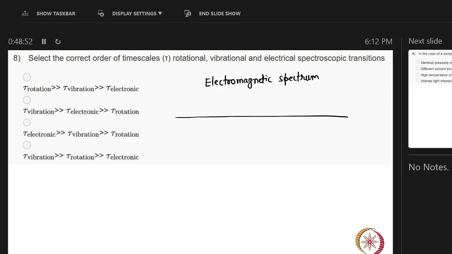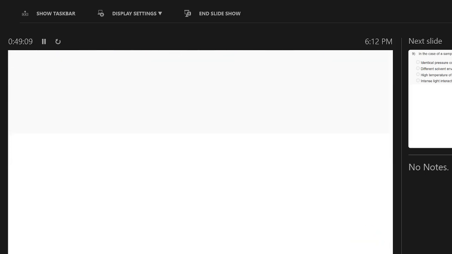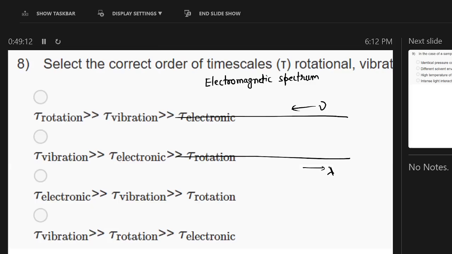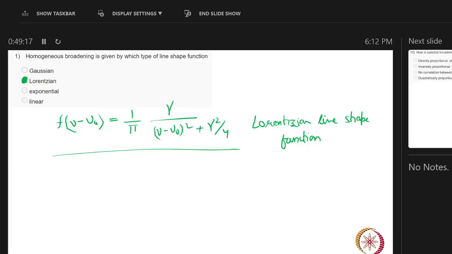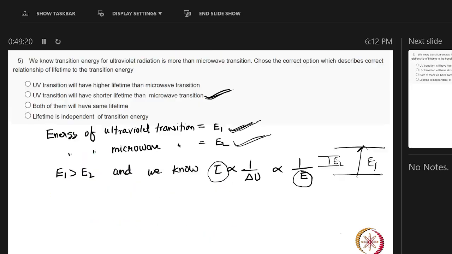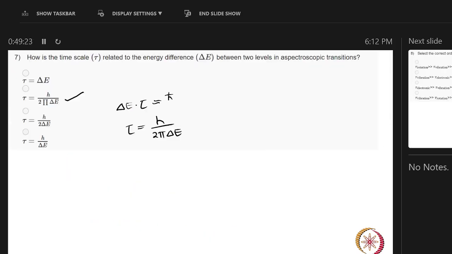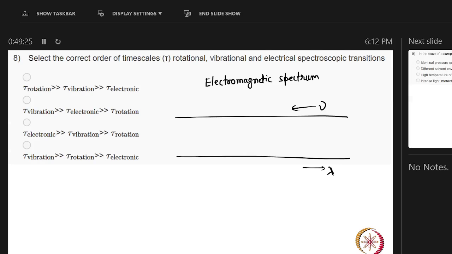here we plot something like this. This way we plot lambda, and this way we plot frequency. So if you see this line, the electromagnetic spectrum, the microwave comes here.